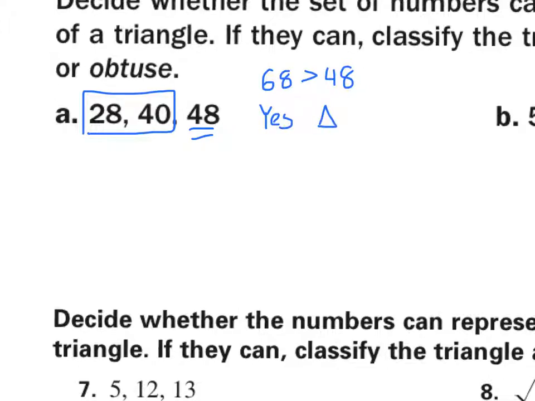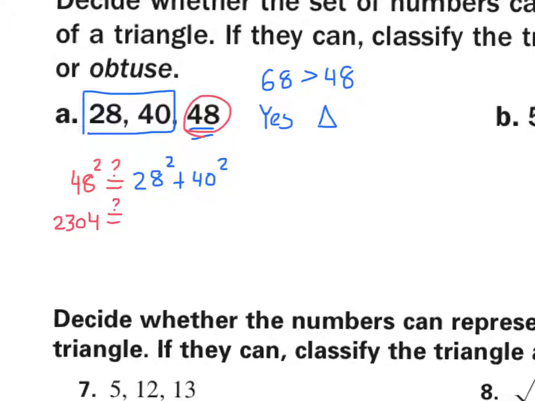Yes, it's a triangle. Second, now that I know it's a triangle, I have to use the Pythagorean Theorem Converse. This here is my longest side, so I'm going to call that my C. I don't know if it's equal yet, and my two potential legs are 28 and 40. Now when I multiply out, I get 2304.